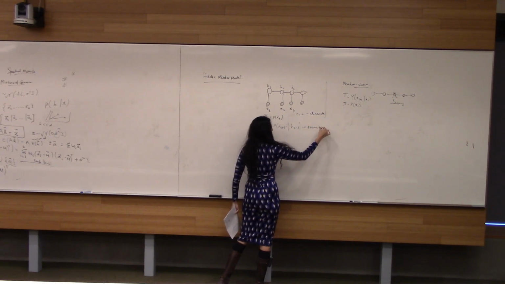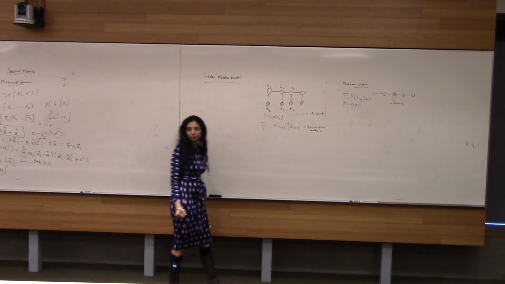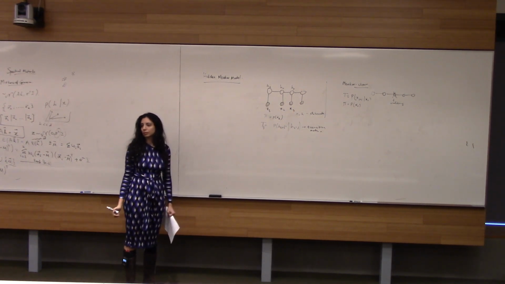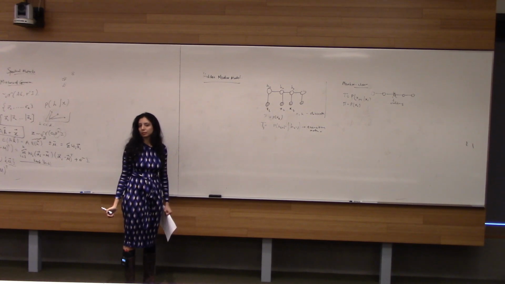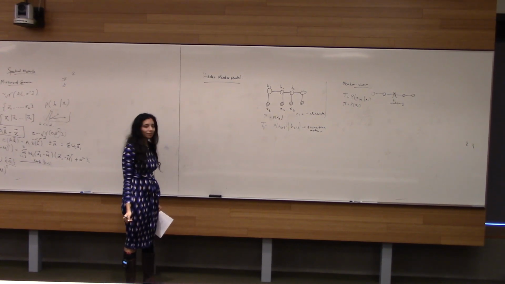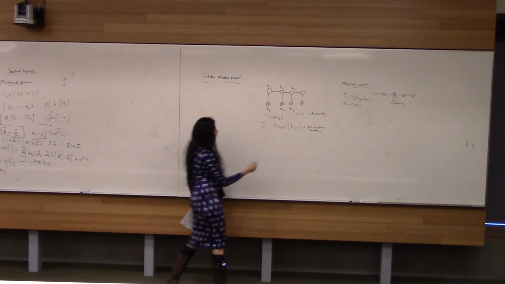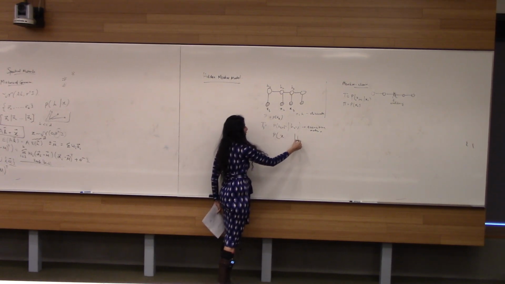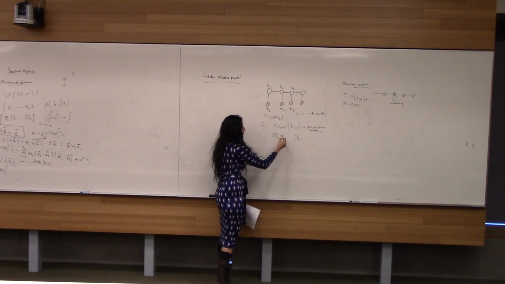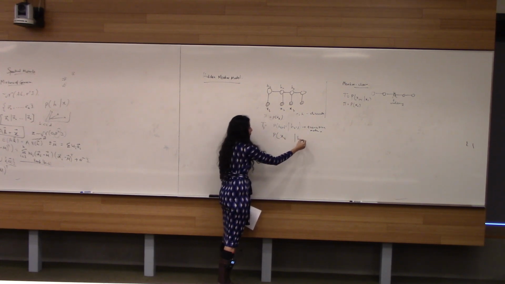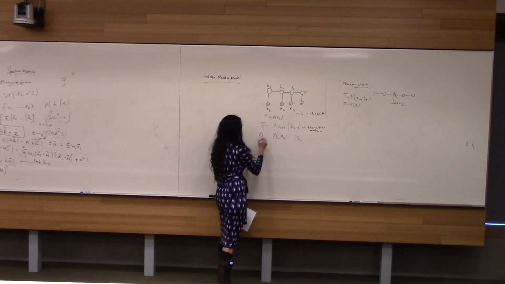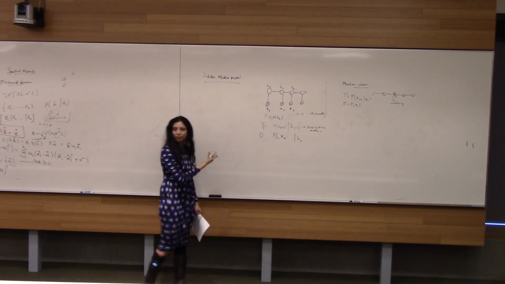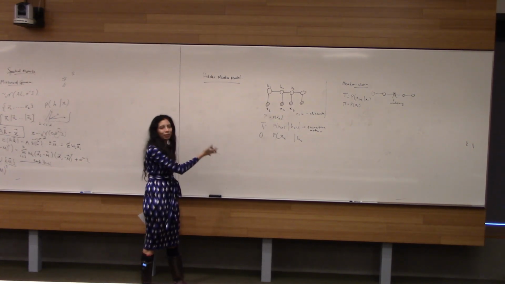What else do I need here? Hidden state to observation. Exactly, right? So I need the conditional probability of the observed given the hidden, right? On the same time step. So again, I'll call this matrix O just because it's the observation matrix.